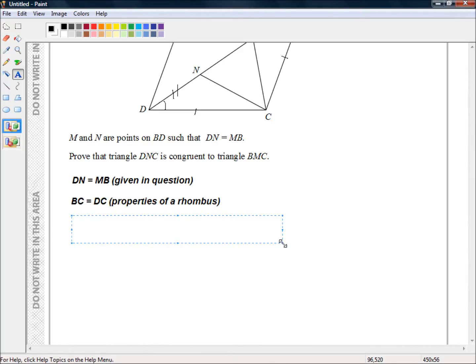So triangle DCB is isosceles because DC equals CB.